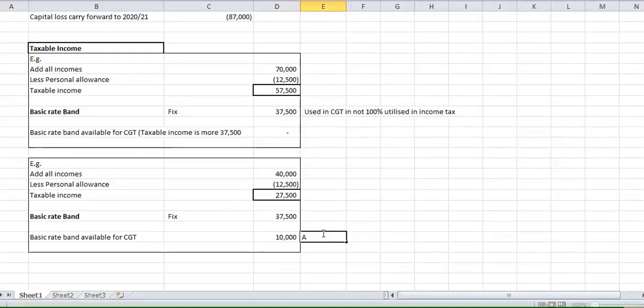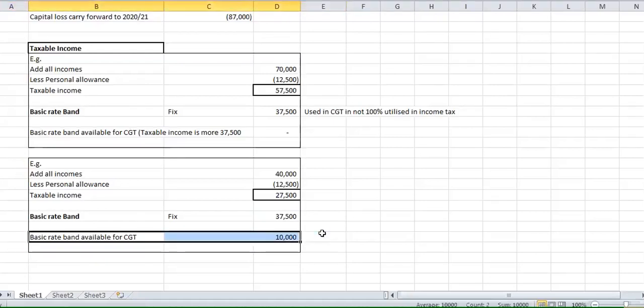This 10,000 pounds will be utilized in the capital gains tax. So the basic rate band available in the capital gains tax is 10,000 pounds.